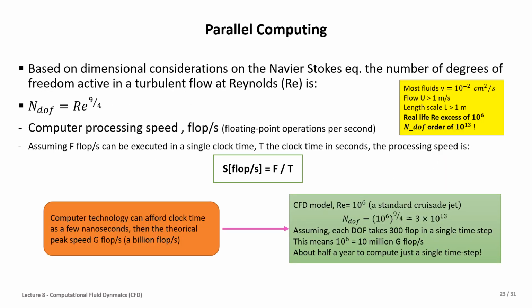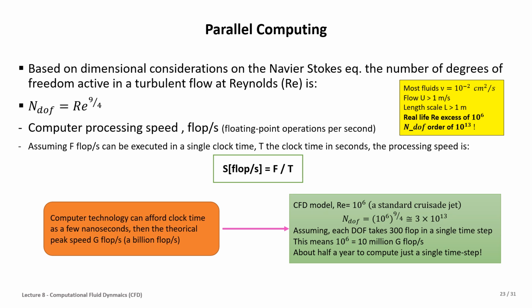Let's have an example of parallel computing in CFD for turbulent flow. Usually we can calculate the number of degrees of freedom of the problem with the Reynolds number, and in real life the Reynolds number most of the time exceeds 10 to the 6.